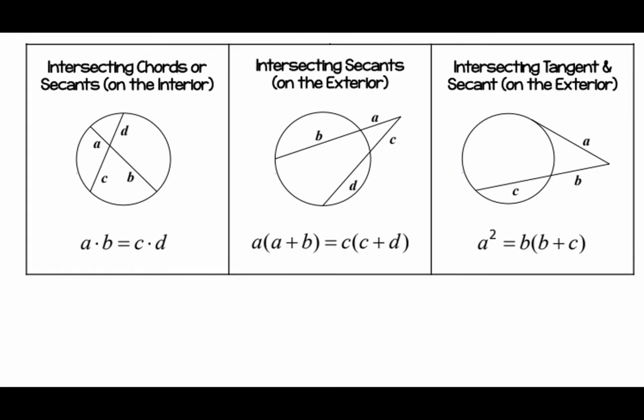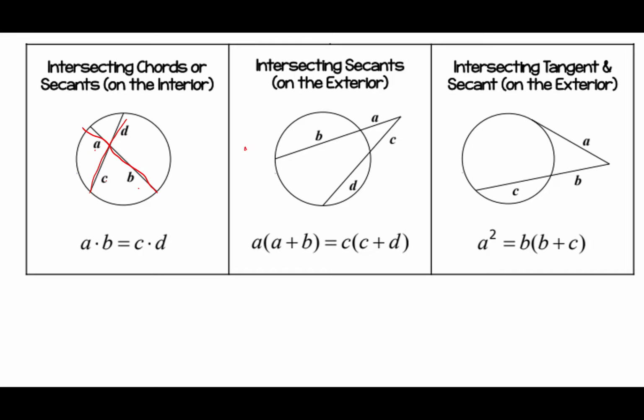Now we're going to be looking at intersecting chords of sequence, interior or exterior. All right, so remember now, if I have these intersecting inside, we know that the product of the divisions here, A times B, is going to be equal to C times D. We need to know that.